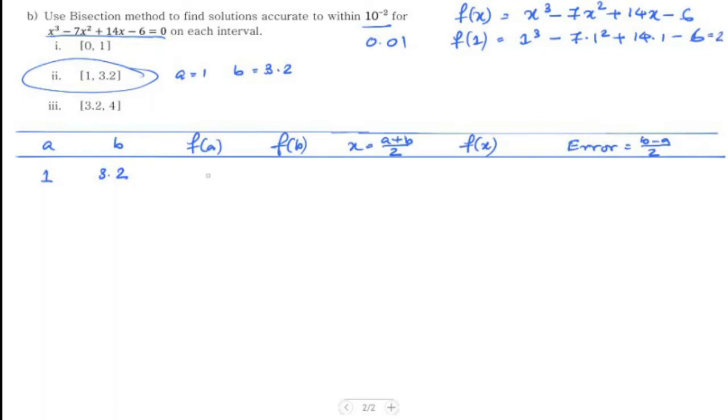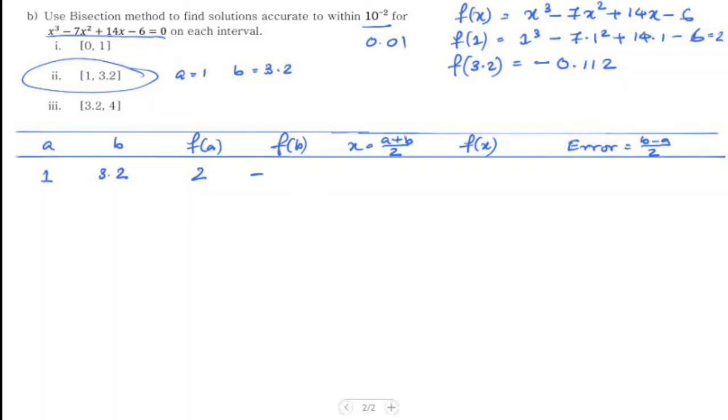So that's f of a, that's 2. Then f of b, I'll be doing f of 3.2, replacing every x with 3.2, it'll give me the value as minus 0.112.